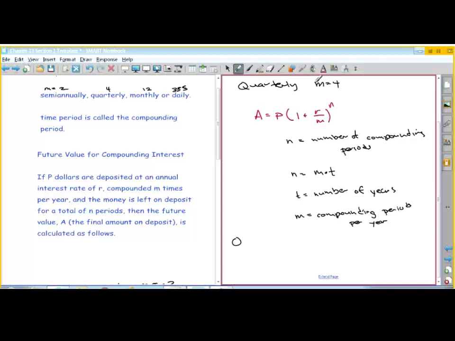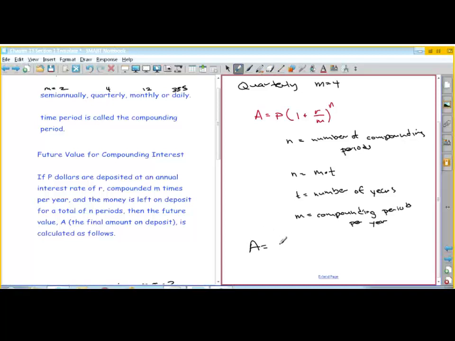If it was monthly, M would be equal to 12. If it's daily, M would be equal to 365. So this is the number of compounding periods per year. If you take that times the number of years, you get the total number of compounding periods. That's the exponent on the outside. R is still the interest rate, P is still the principal, A is still the amount after you finish.